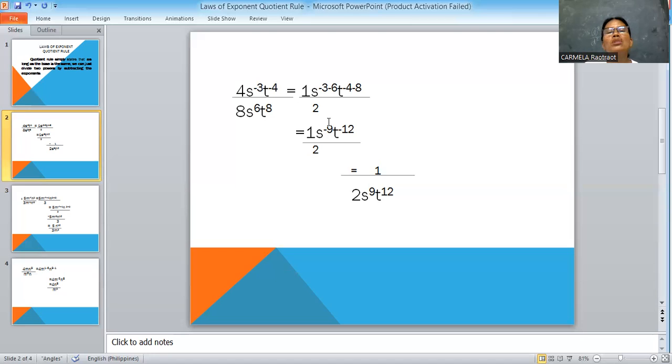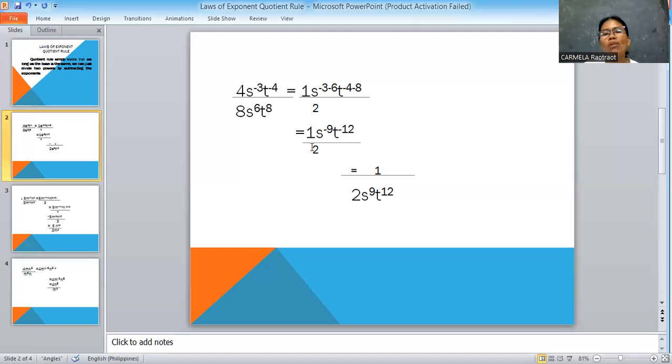How about the t? T raised to the power of negative 4 minus negative 8. It's the same way. It is negative again because they are both negative, negative 4 and negative 8. So your answer is 1 s raised to the power of negative 9, t raised to the power of negative 12 over 2.